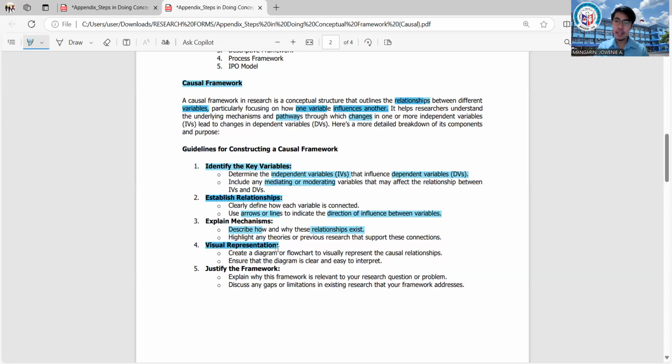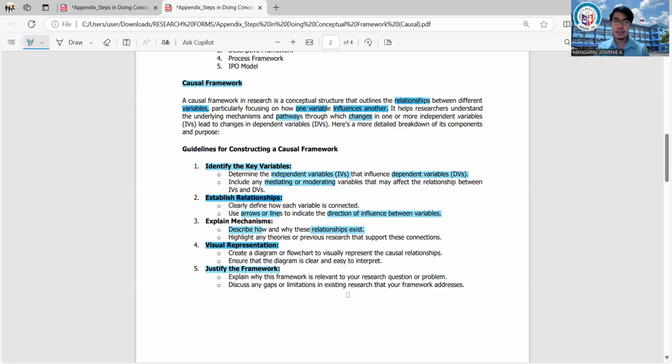Kaya most of the time, the researchers are called to make a visual representation of their causal framework para madaling makita ng mga readers at mga panelists yung relationship na nag-e-exist sa kanila. Then after that, kailangan natin ma-justify or maipaliwanag sa ating mga readers yung ginawa nating visual representation. That will serve as our research paradigm. Okay po. So ngayon, alam na natin yung 5 basic guidelines sa paggawa ng causal framework.